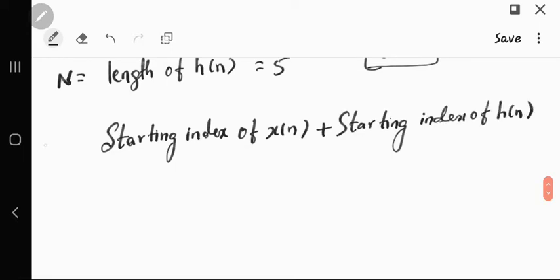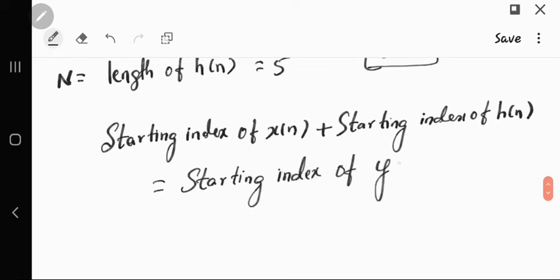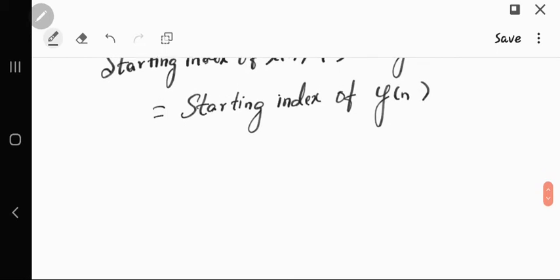If you add this, you will get what? Starting index of y of n. Okay, you can rearrange the expression like this. The same applies to the end index as well.